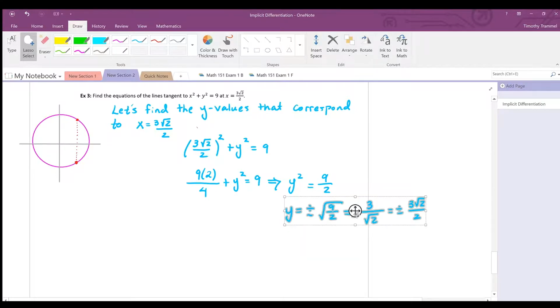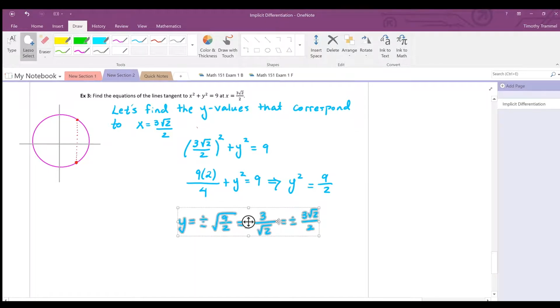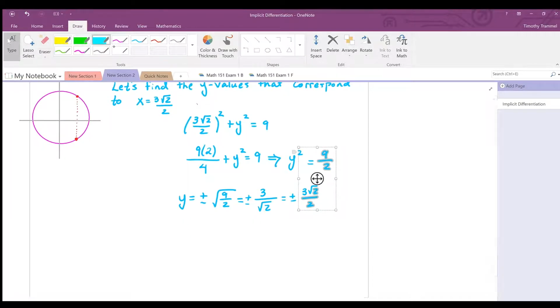All right, now that we know the x and the y values, we can find the derivative at those points. The reason we needed the y values is you might remember our implicit derivatives sometimes contain both x's and y's, so it's helpful to have both. Let's make a little spot here for ourselves.